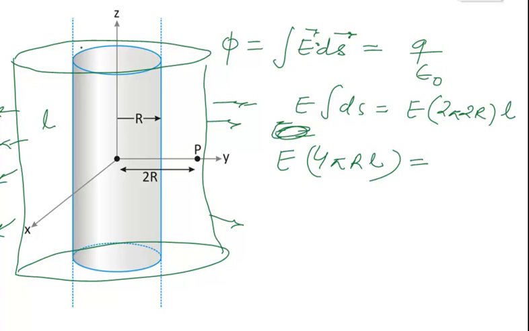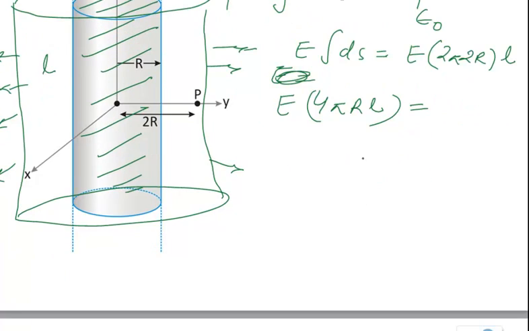Now we have to find the charge enclosed in this cylinder. Charge enclosed will be equal to volumetric density rho times total volume, which is pi r square into length L, divided by epsilon naught.